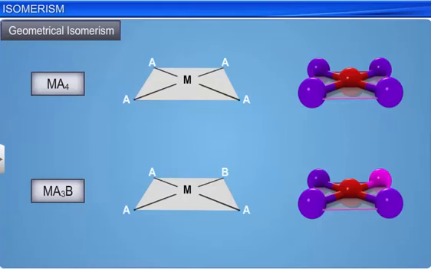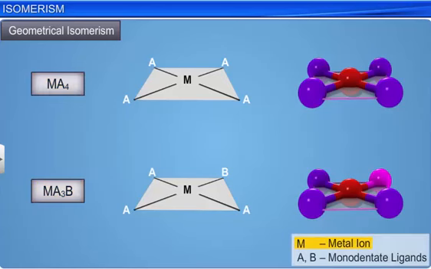In square planar complexes, compounds with the general formula Ma4 and Ma3b do not show geometrical isomerism. Here, M is a metal ion, while a and b are monodentate ligands.